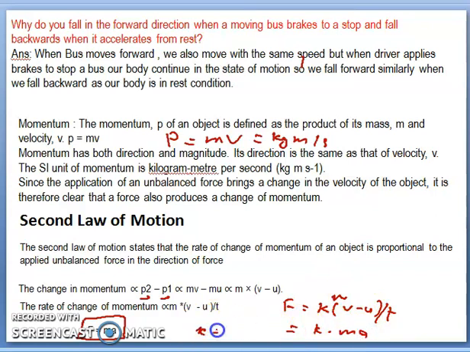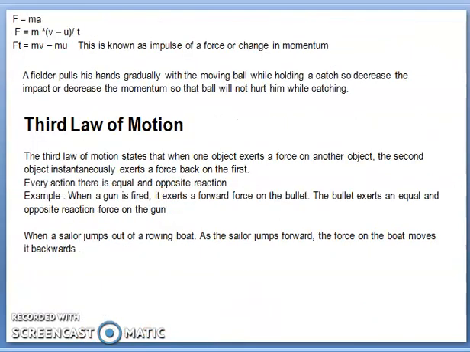K in this case is 1, so force is equal to mass into acceleration. So what is the second law? The second law states that the rate of change of momentum of an object is proportional to the applied unbalanced force, or force is equal to mass into acceleration.